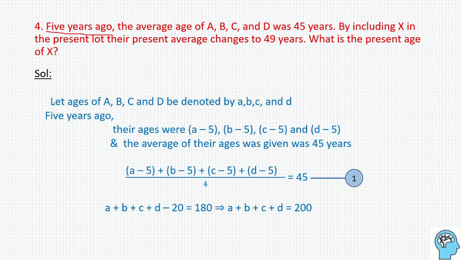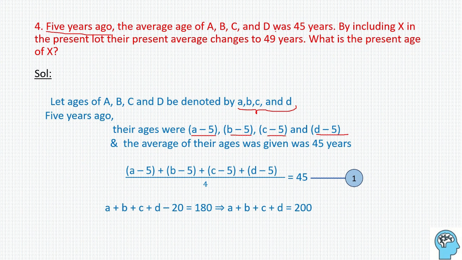Let the ages of A, B, C, and D be denoted by small a, b, c, and d. These are ages. I have taken small letters. 5 years ago means a minus 5, b minus 5, c minus 5, and d minus 5.